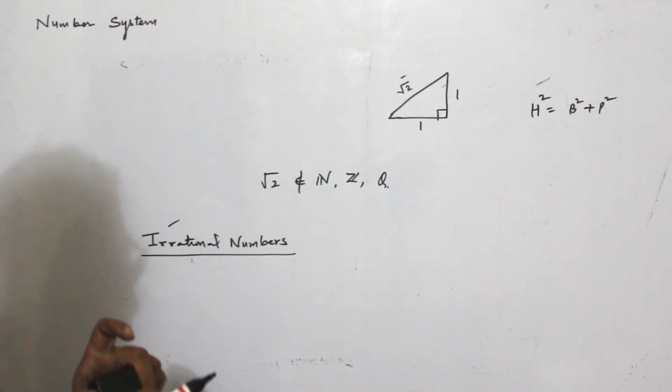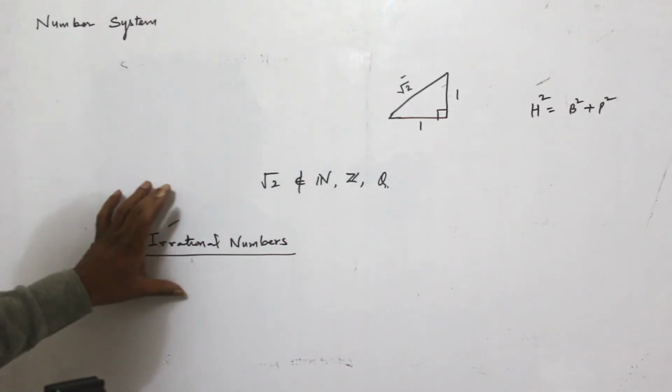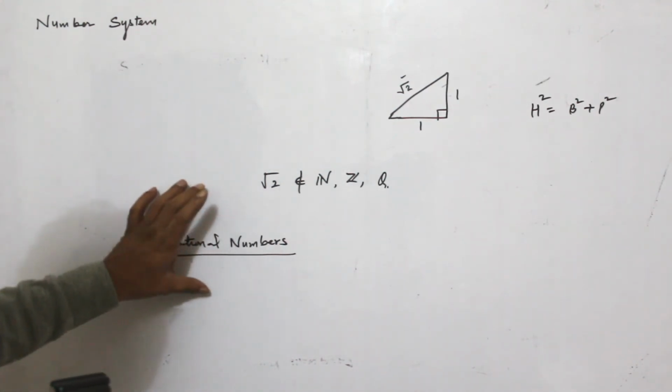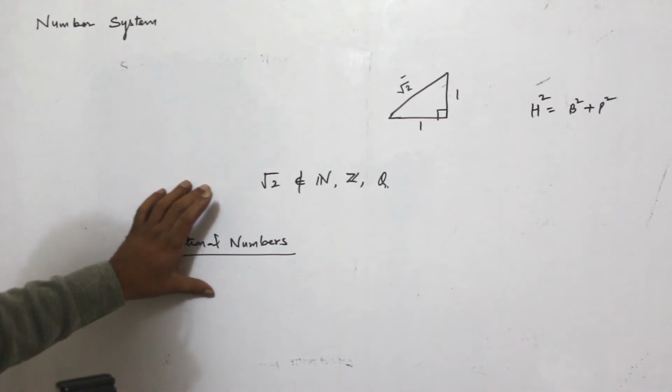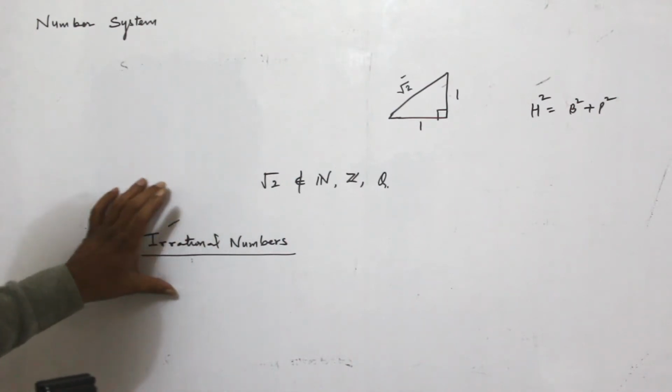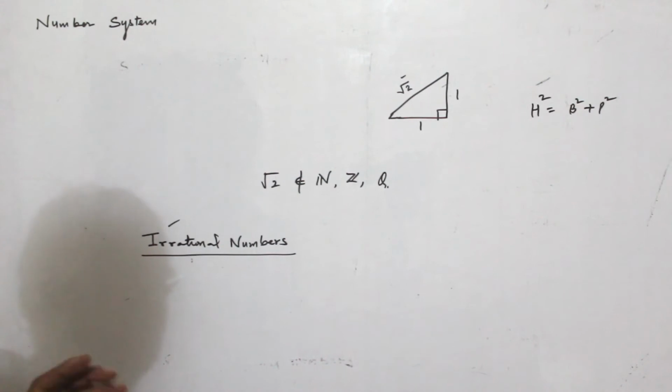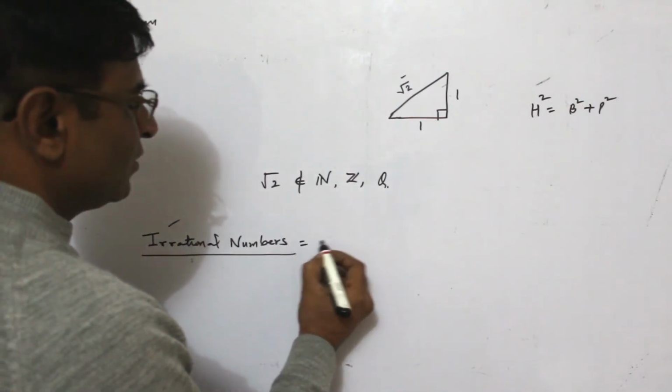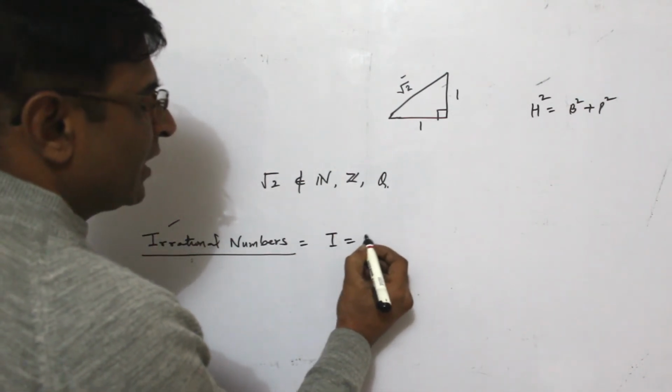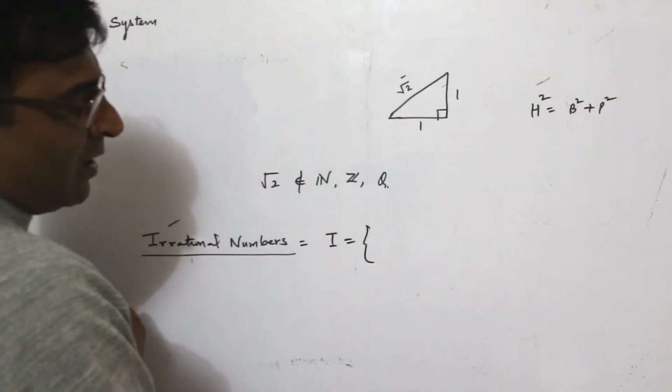Irrational means not yet thought. Not yet thought. So the numbers which did not come into the thinking are irrational numbers. And what is the definition? The set notation we use is I, and the definition, how do we write?